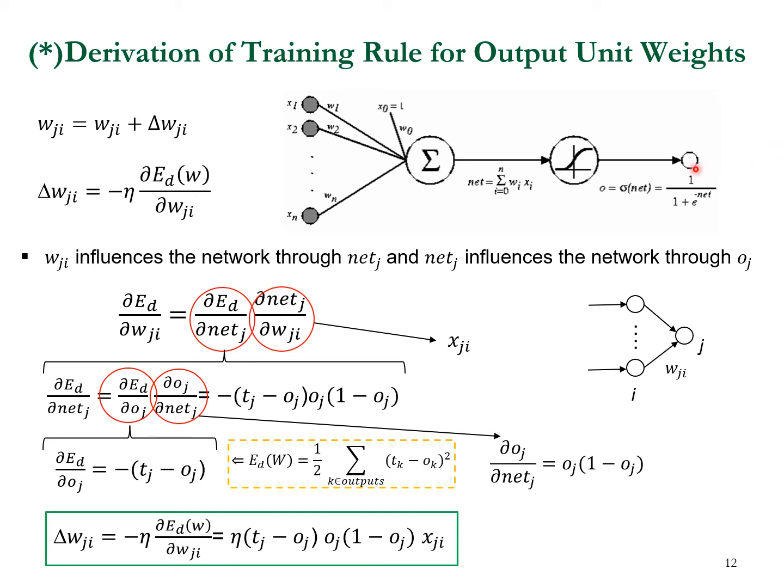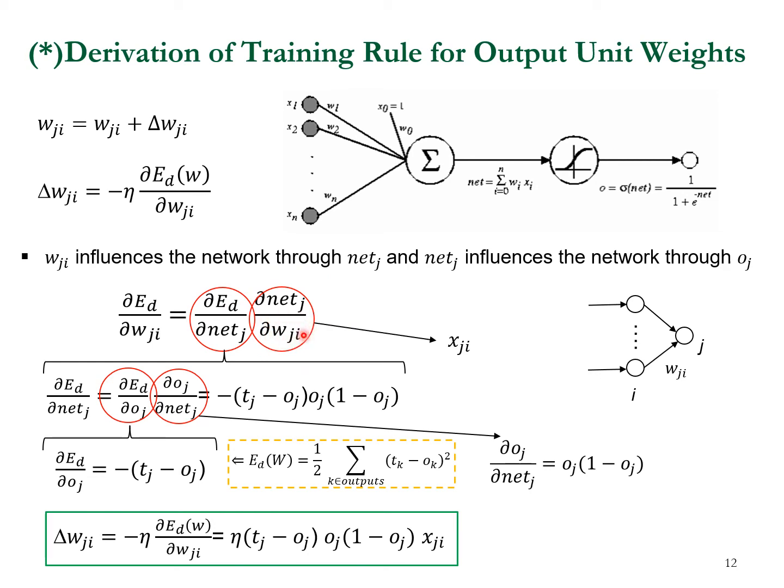But it has to go through this weight value, through net, through the sigmoid function, and then through the error function, so many steps to reach the error function. In the first step, the derivative of the error function in terms of W actually consists of two parts.